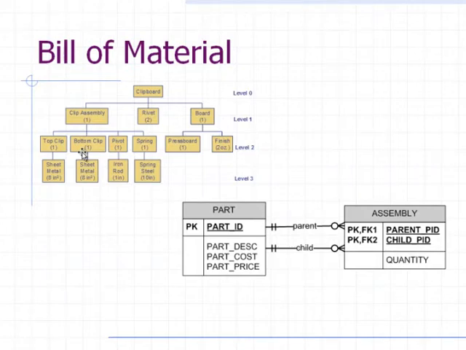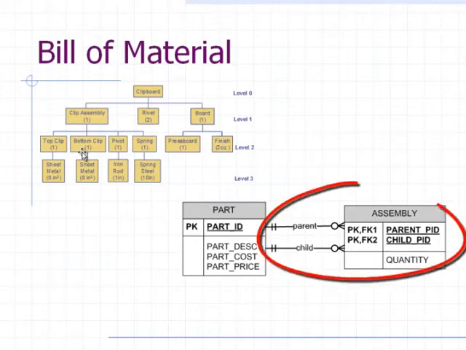So to resolve this issue, we have to use an associative entity that can map these parent and child items. By adding this associative entity, which in this case we call assembly, this assembly entity is mapping parent and child by using two different one-to-many relationships.